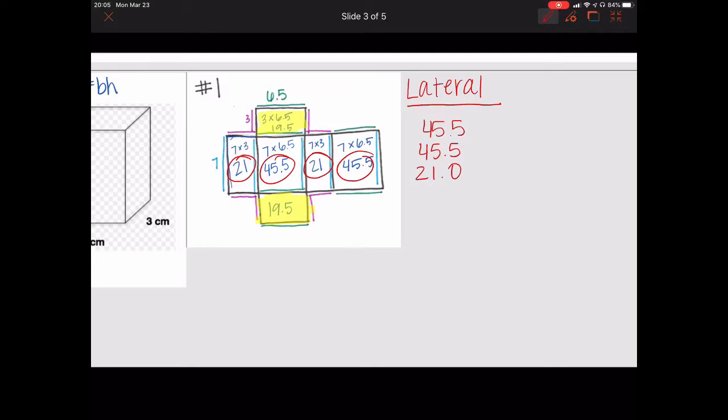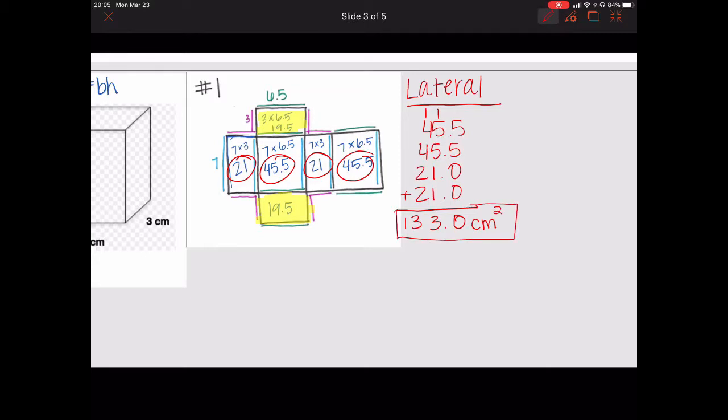Make sure when you're adding that you match up your decimals or you're going to get an incorrect answer. So this adds up to, bring my decimal down, and it was centimeters, 133 centimeters squared is our lateral surface area.